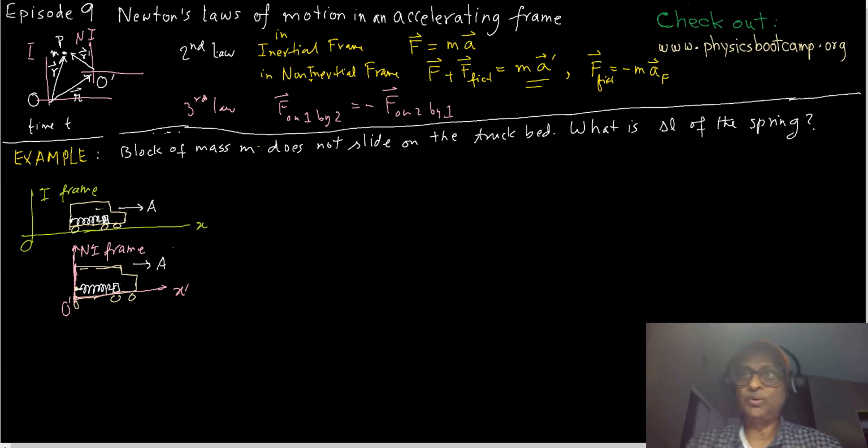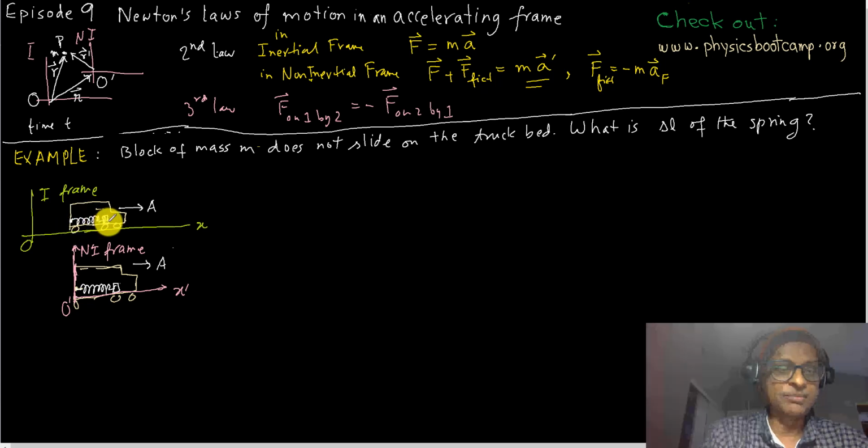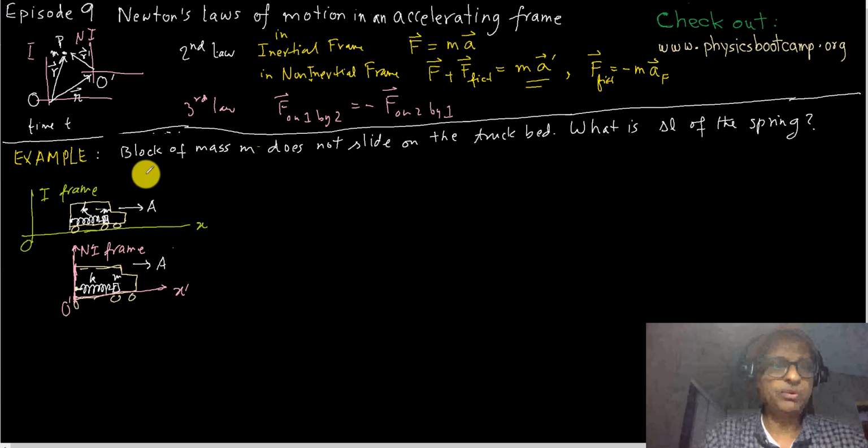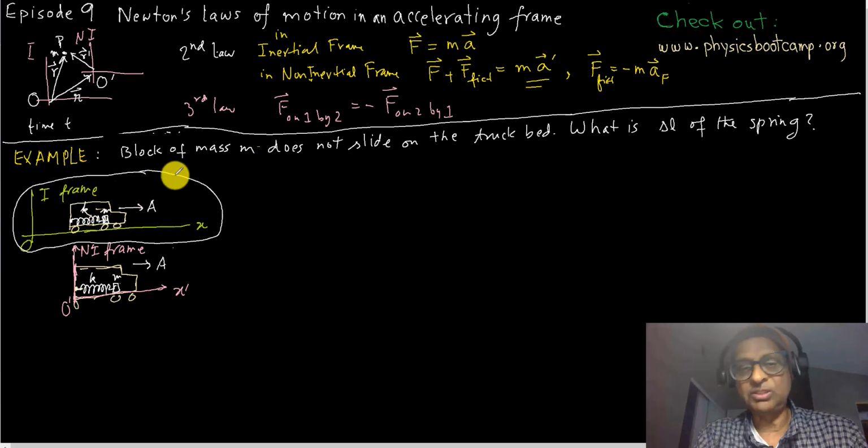Okay, let's do an example problem, just to illustrate this idea. This will be a very simple example. What's given is a block attached with a spring constant K, and this block mass m is also given. If you look at just the inertial frame, it's much easier to state.